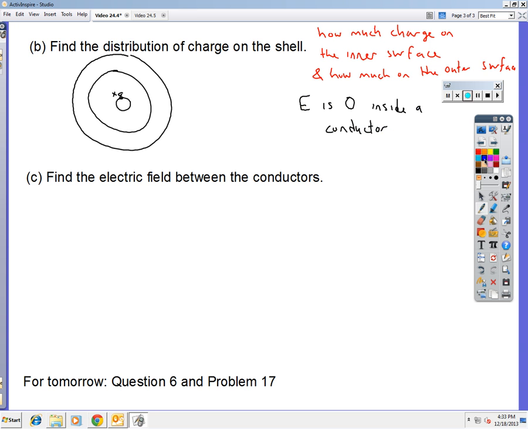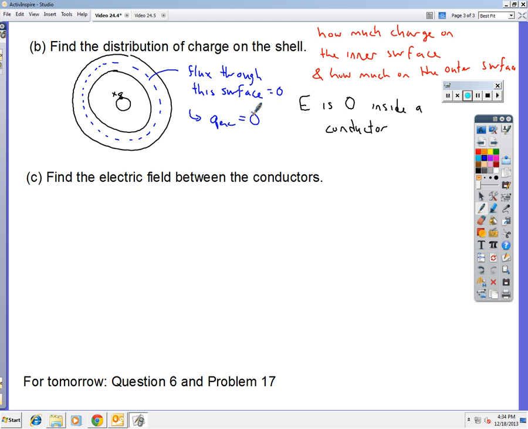And so what I'll do is I'll draw a Gaussian surface inside the conducting shell. And that means the flux through this surface is 0. And if the flux through that surface is 0, that means the enclosed charge has to be equal to 0.